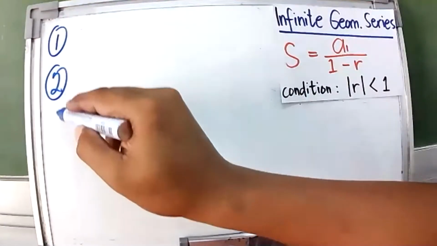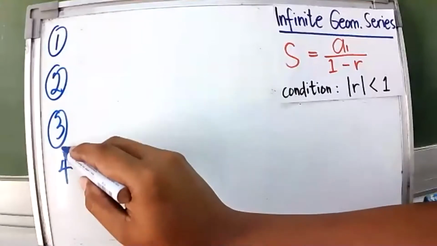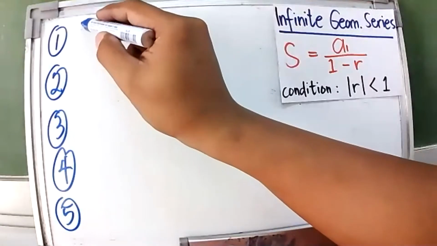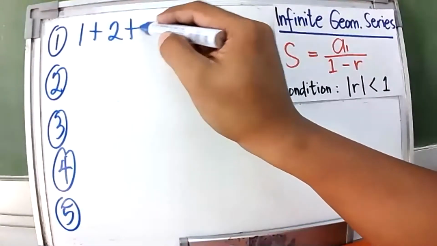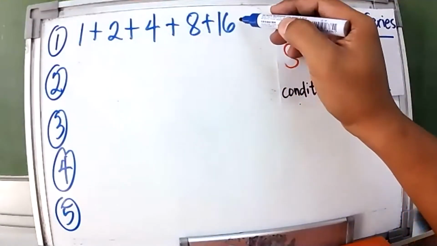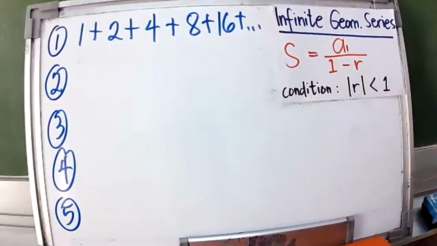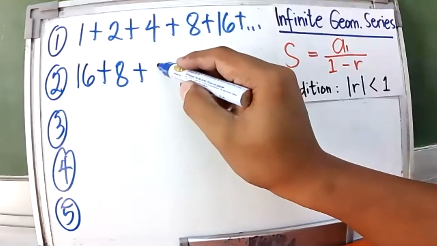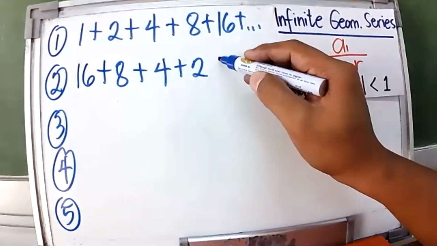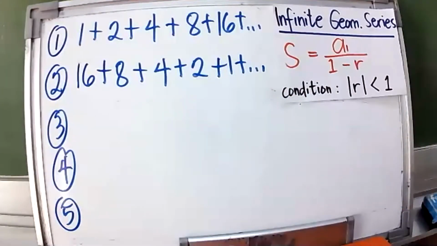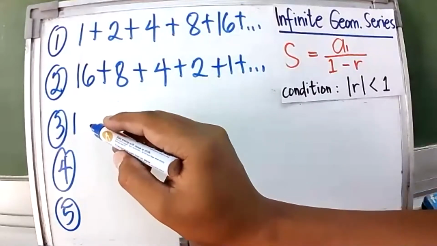1, 2, 3, 4, and 5. Okay, we have here 1 plus 2 plus 4 plus 8 plus 16 plus ... That's 1. We also have 16 plus 8 plus 4 plus 2 plus 1 plus ... We also have 1.